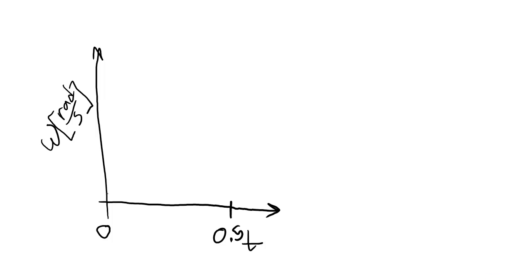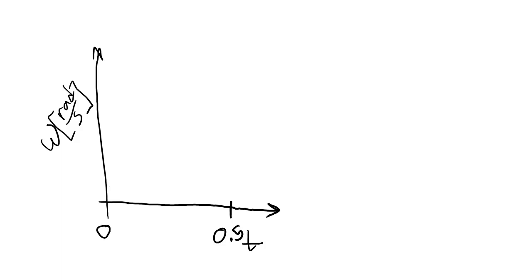Now, the velocity during this move could take any shape. I could have a velocity that goes like this, or I could have a velocity that goes like this. Any kind of shape of velocity is possible.